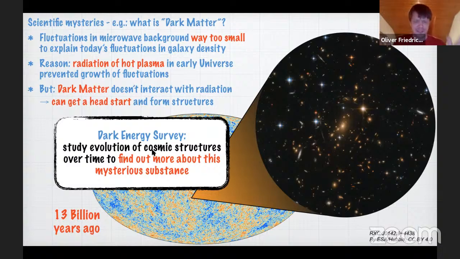But the point with the Dark Energy Survey is that we want to study this process now really precisely as a function of time, really map how structures grow at different times, and via this find out more about this dark matter and its properties. So this is really one of the science cases, if you will, of the Dark Energy Survey.